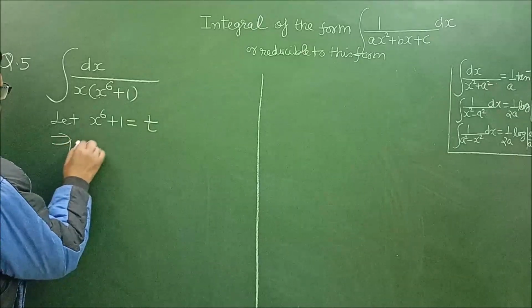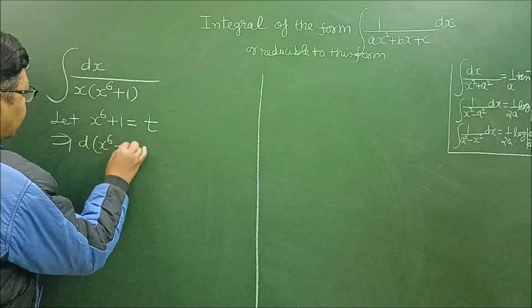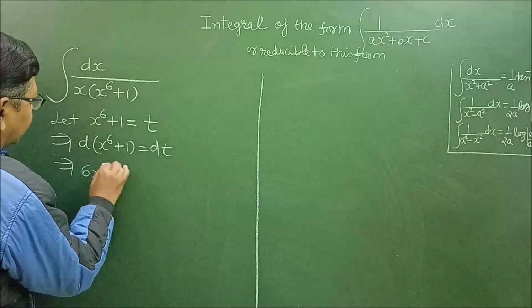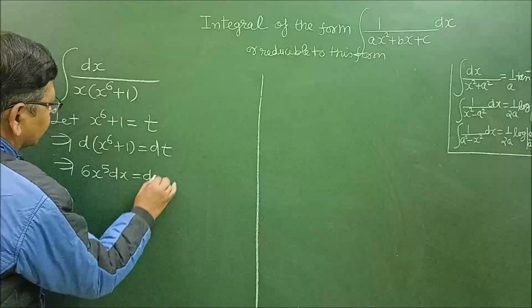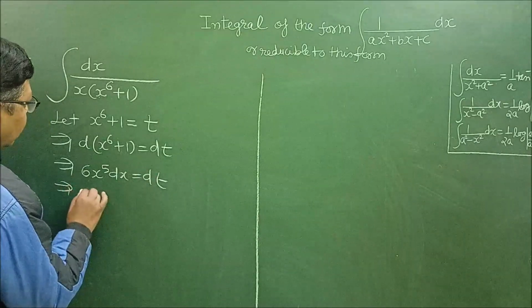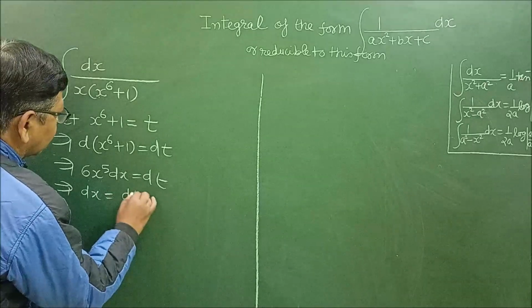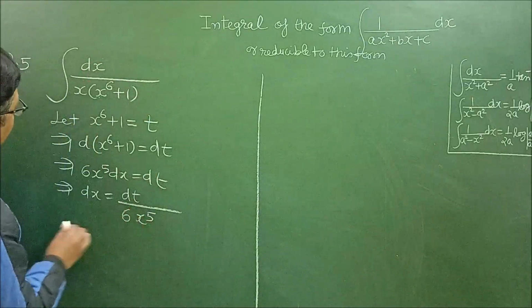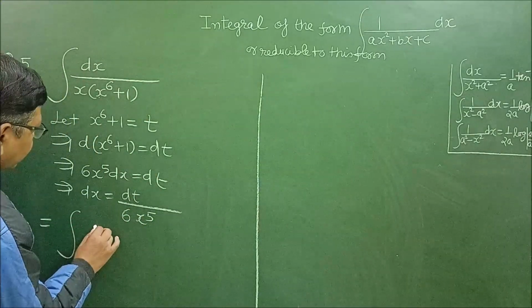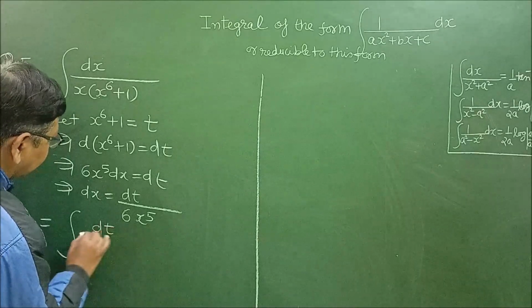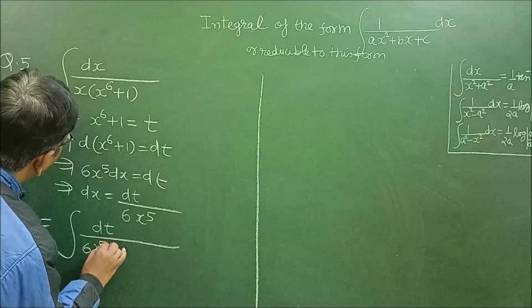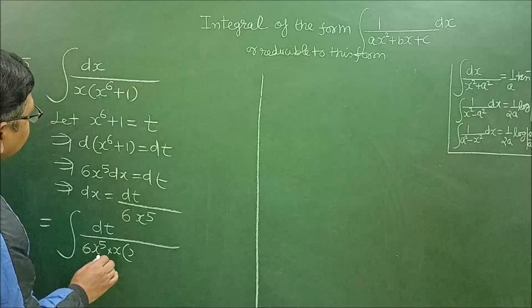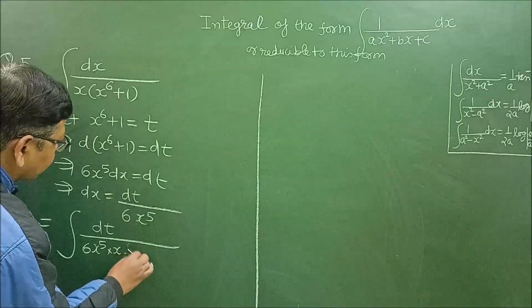Now on differentiating both sides, we get 6x^5 dx is equal to dt, or dx is equal to dt upon 6x^5. Now replacing dx by this value, the integral reduces to dx replaced by dt upon 6x^5, already one x is there, into this x^6 plus 1, which we have taken equal to t.